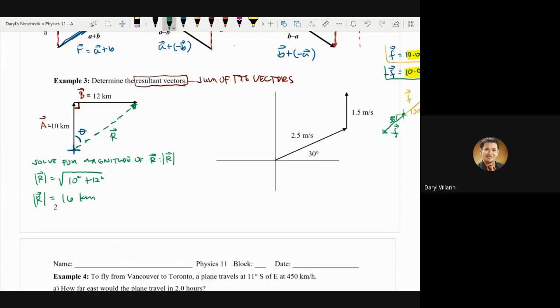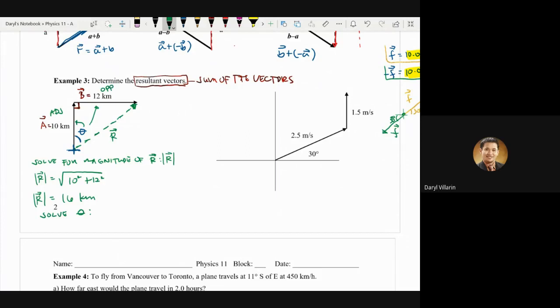However, remember that if you are solving for a vector quantity, you need not only to solve the magnitude but also its direction. So you need to solve for theta. So based on that particular angle, this becomes my adjacent side, and this is my opposite side.